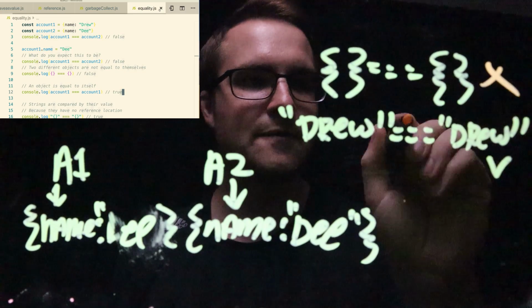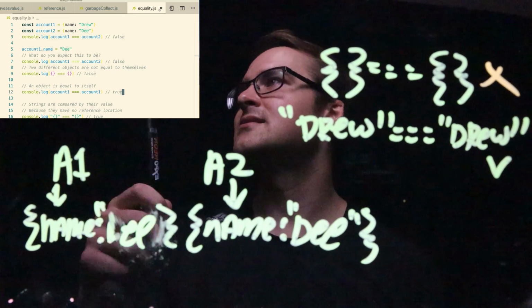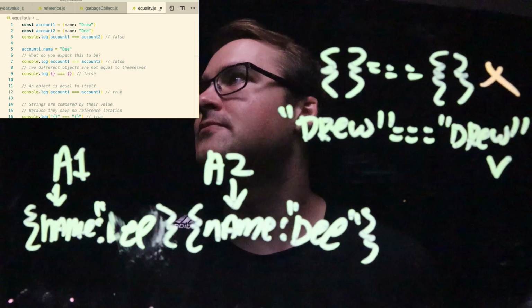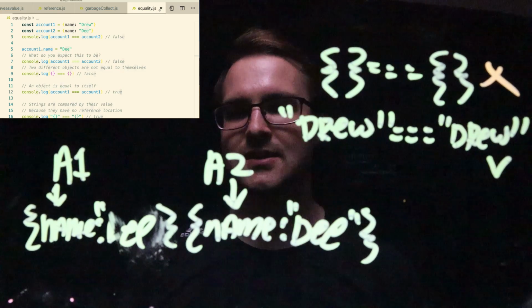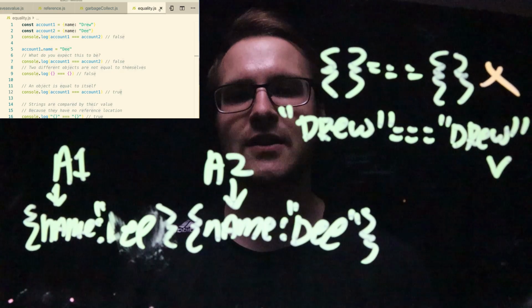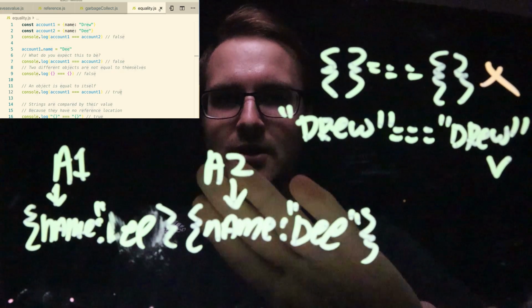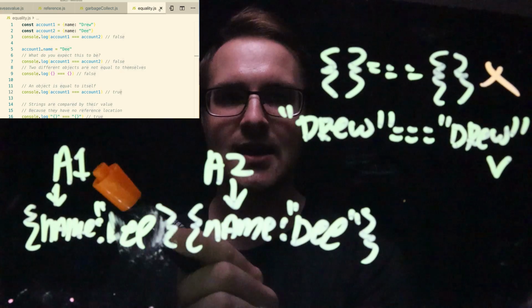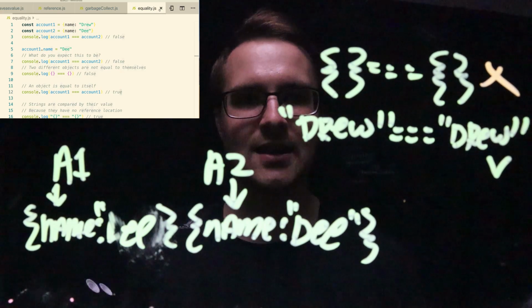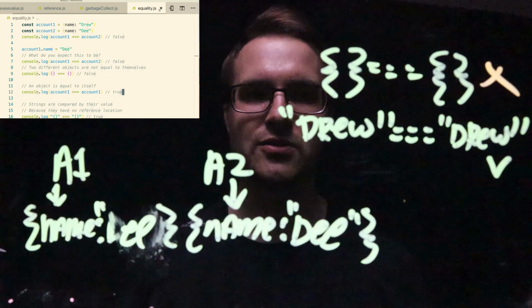This is false. And you can see that on line 9. Okay? So if we take A1 and we say, is that equal to itself, we're not looking at A2 at all. We're only looking at A1. And if you compare A1 to itself, it's the same object. So that's true.